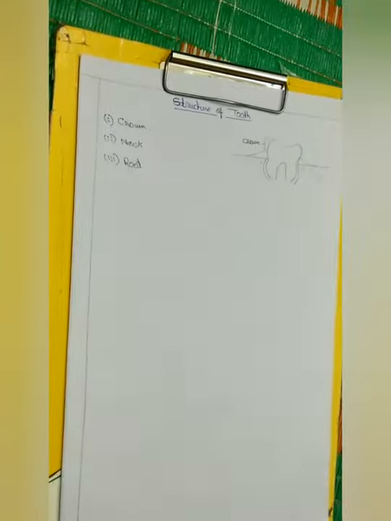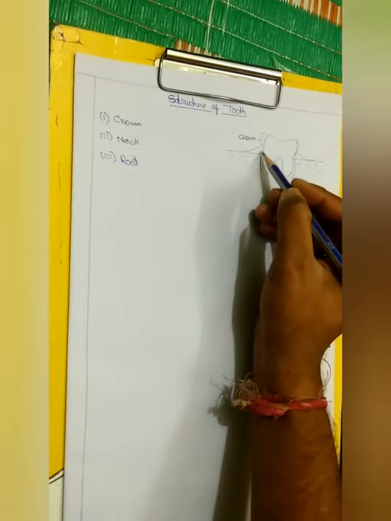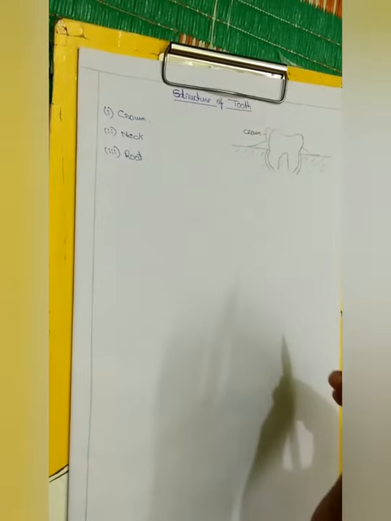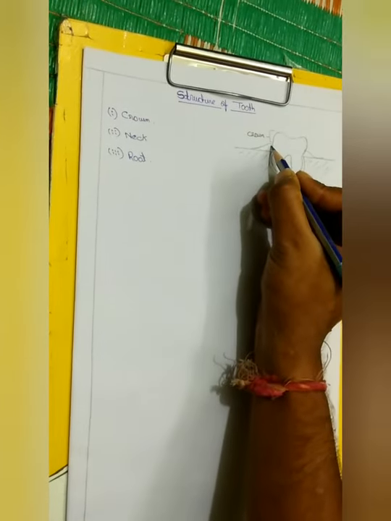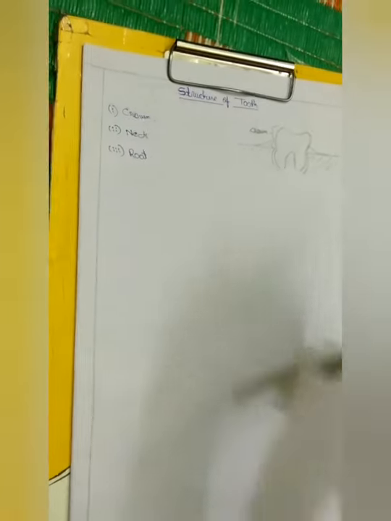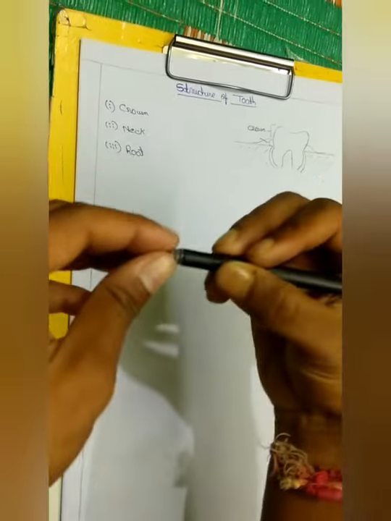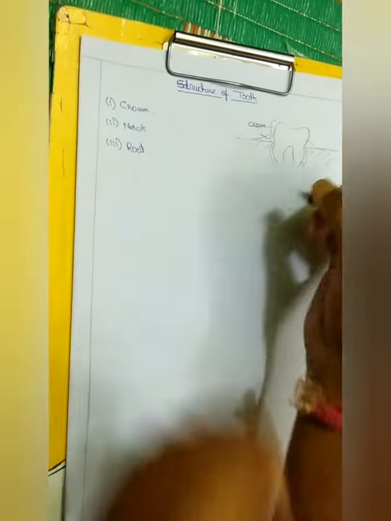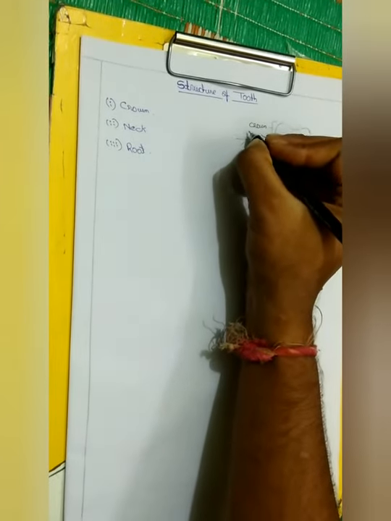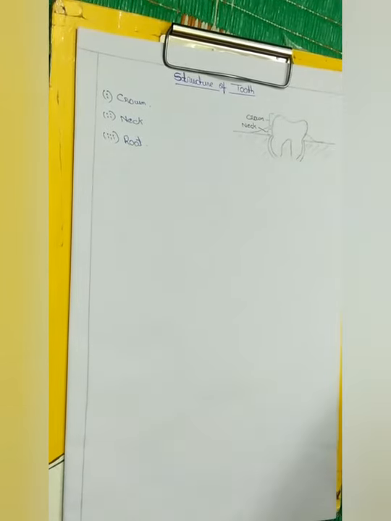The portion which is underneath in the gums, this small part, is called the neck part of our tooth.